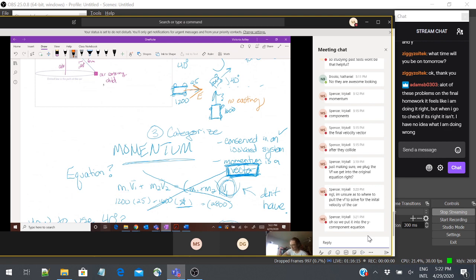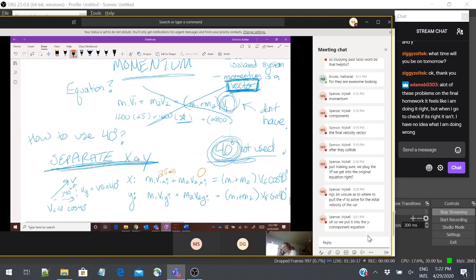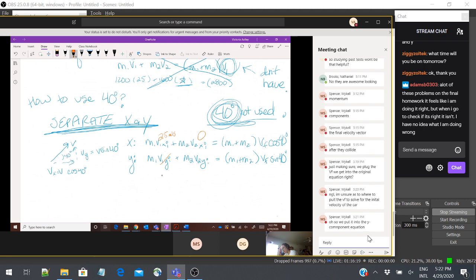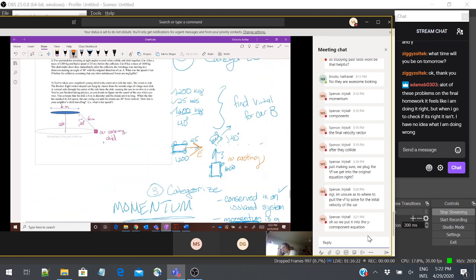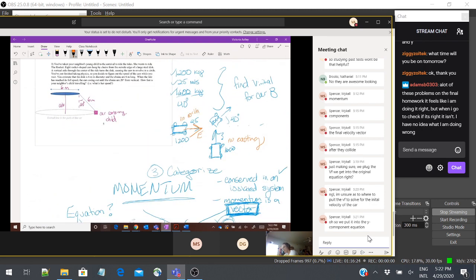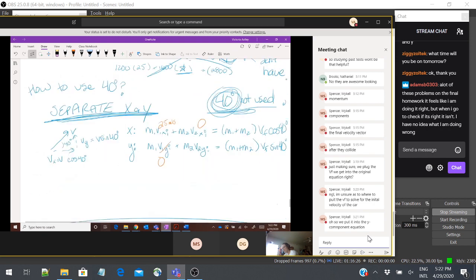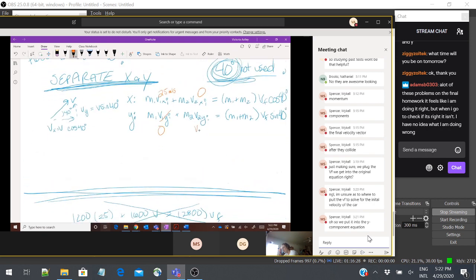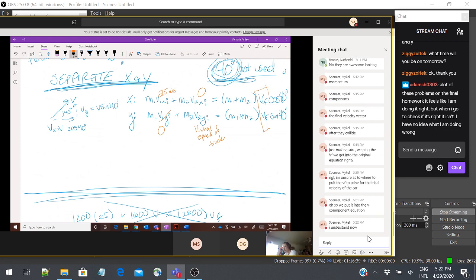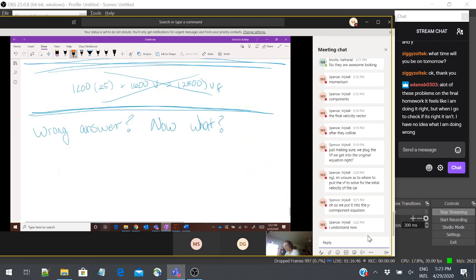So that's 0. And then in this equation, this is 0 because our car is not traveling north, but this one is. So this is our initial speed of the truck. And these two are just the magnitude of the final speed, so they're the same. Okay. Wrong answer, now what?